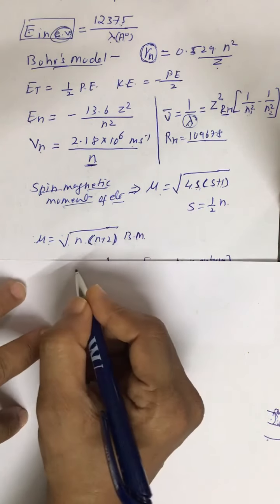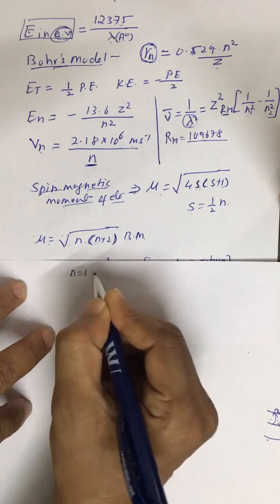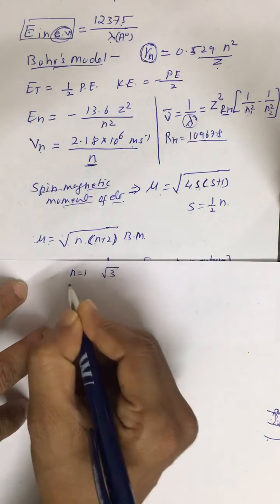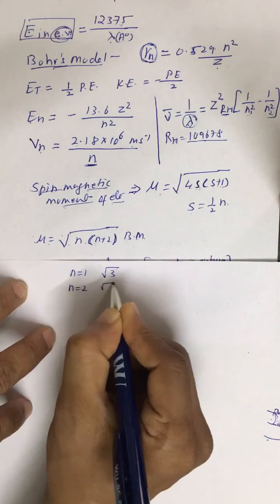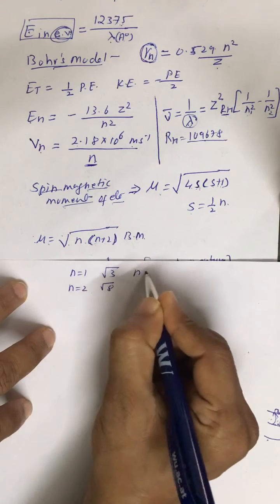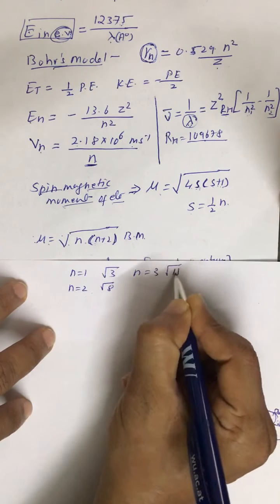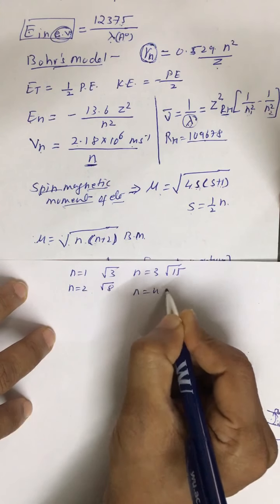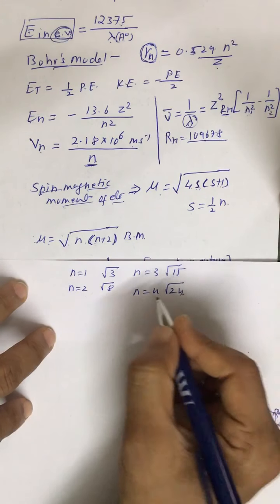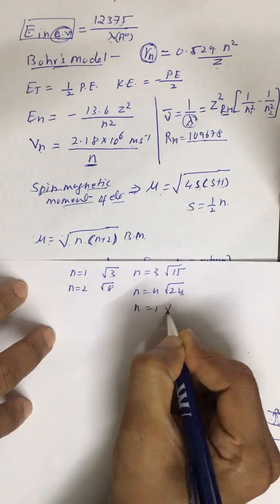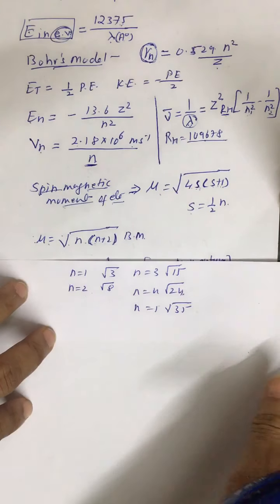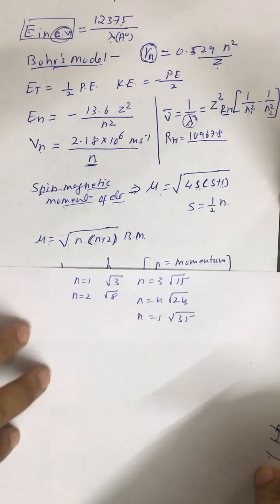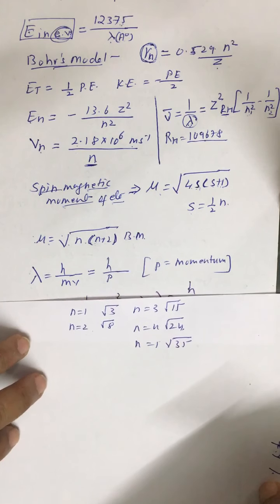So normally, if n is equal to 1, the value is root 3. If n is equal to 2, it is root 8. If n equal to 3, it is root 15. If n equal to 4, it is root 24. And if n equal to 5, it is root 35. At least you can remember. Normally, these questions are asked.